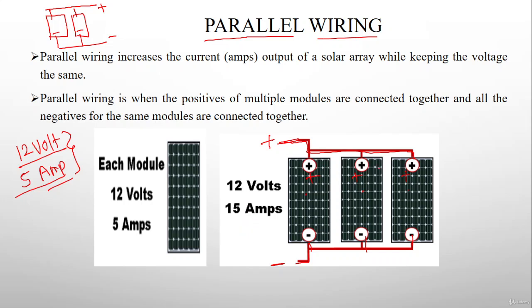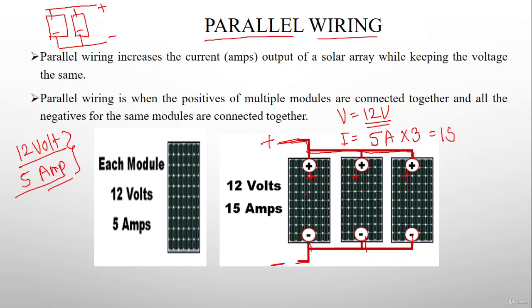So in this case, whenever the panels are connected in parallel combination, their voltage will remain the same. It might be 3 panels, 4 panels, 6 panels connected in parallel combination, but the voltage will remain the same, that is 12 volt. But the current will increase. So the individual panel has a current of 5 ampere multiplied by 3.